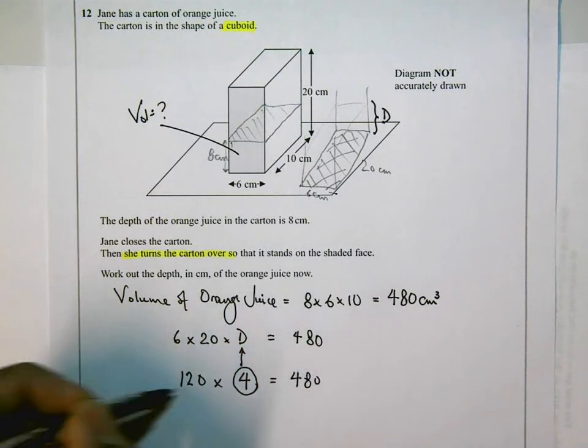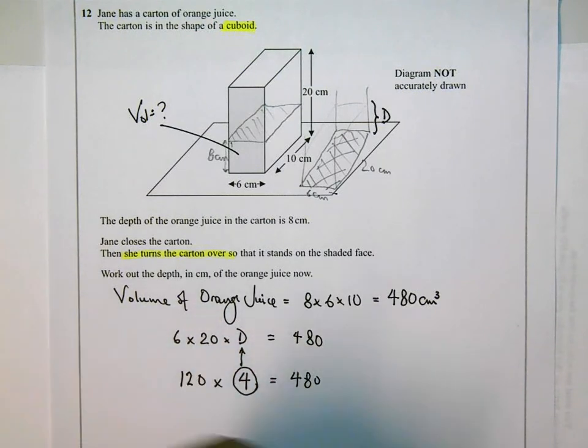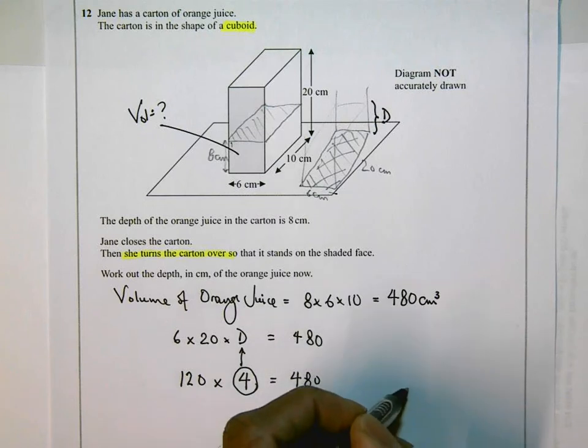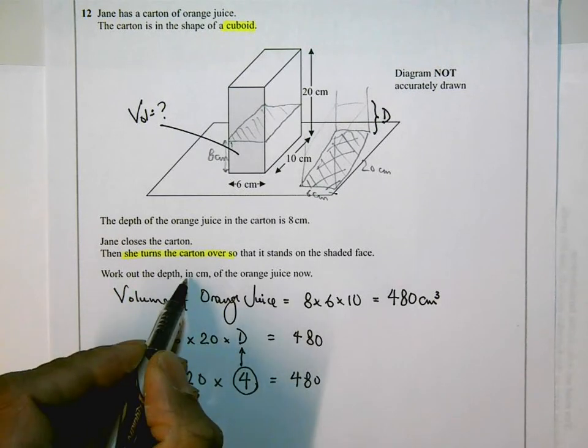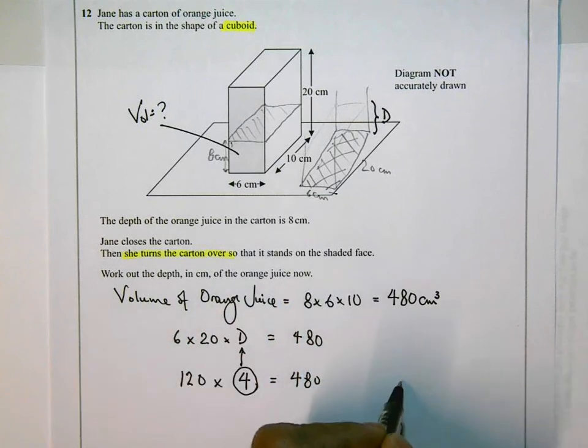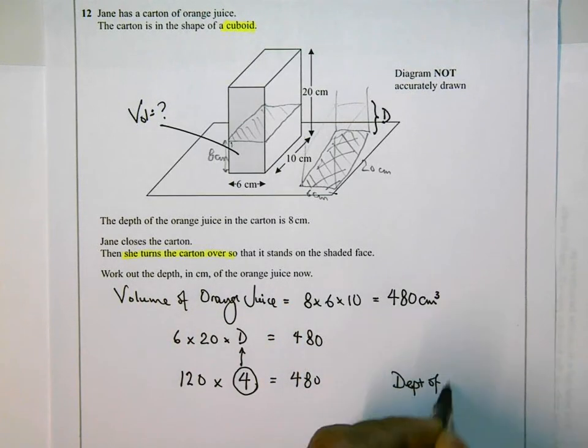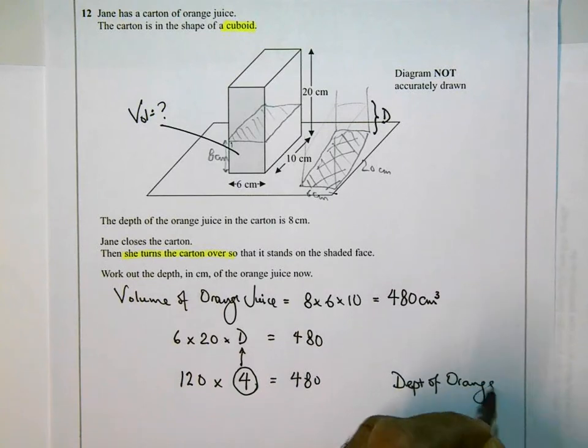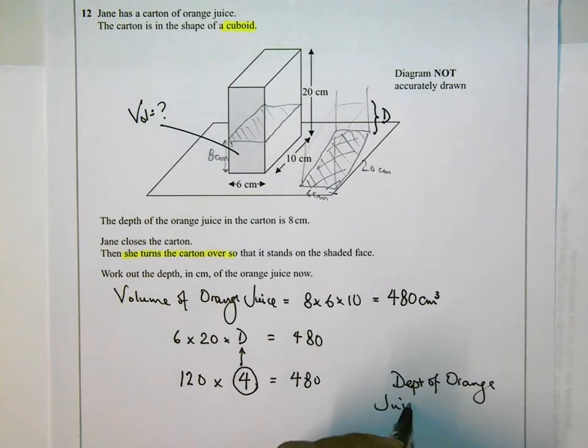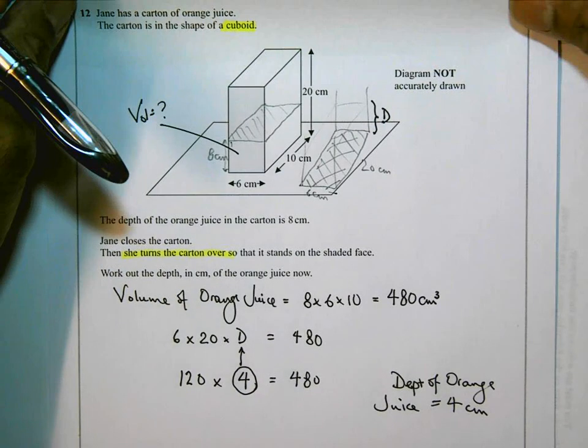What that tells me is, it says work out the depth in centimeters of the orange juice now, so the depth of orange juice is 4 centimeters. And there's a space down here for the answer, and they gave you the units already. So that's 4 centimeters.